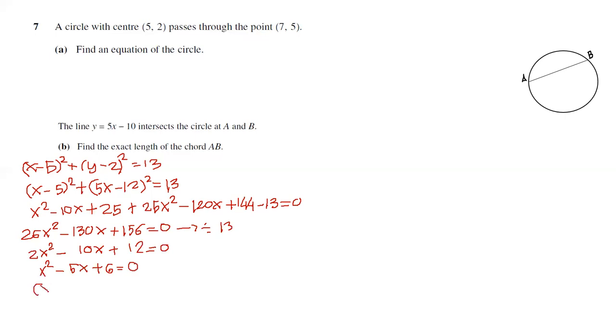And factorize: (x minus 2)(x minus 3) equals 0. So x equals 2 and x equals 3.